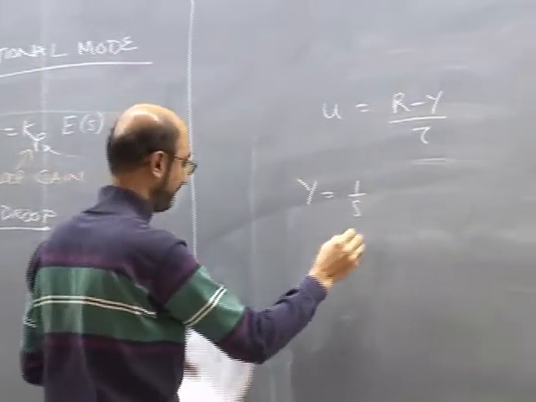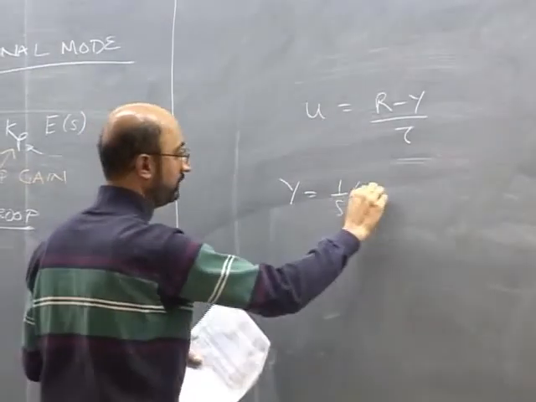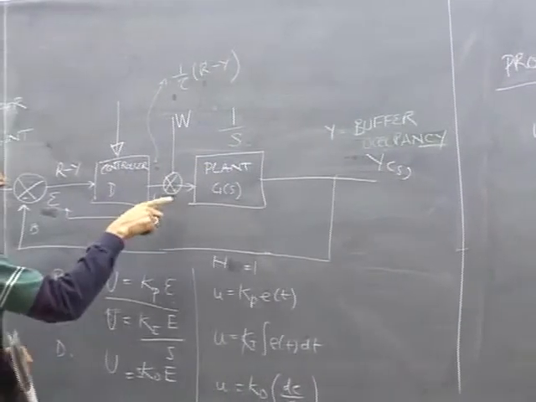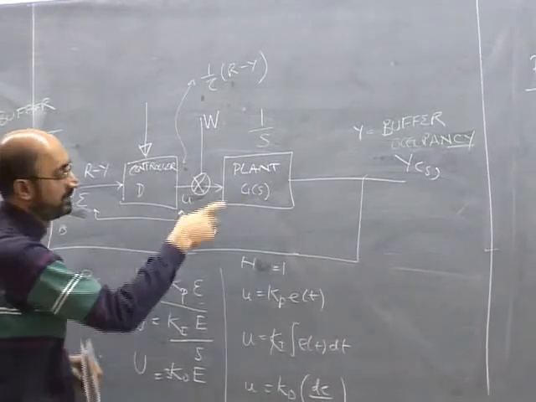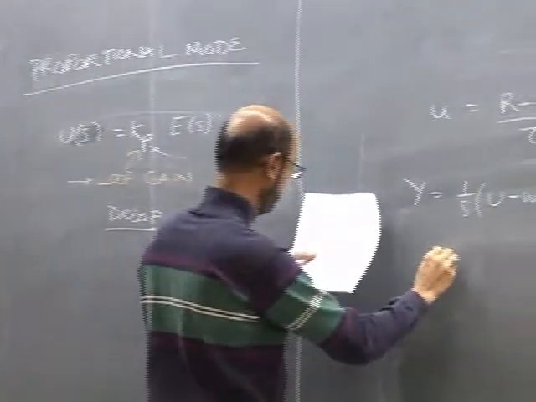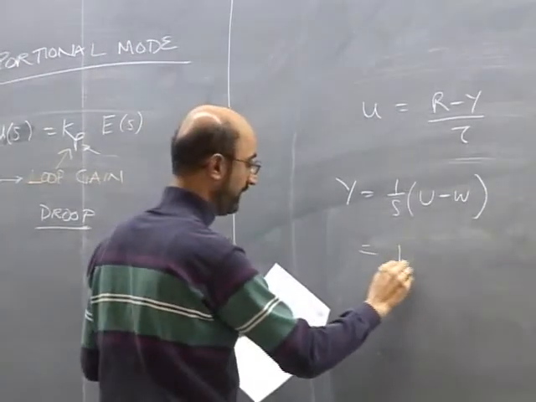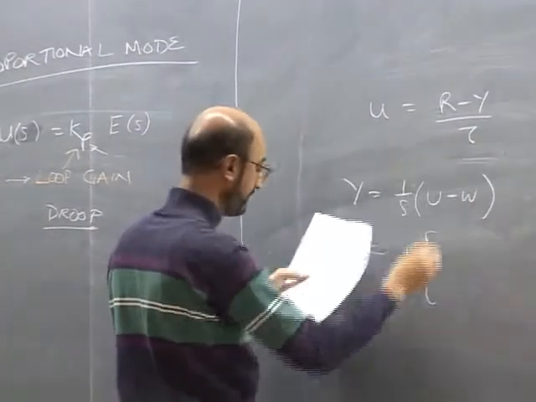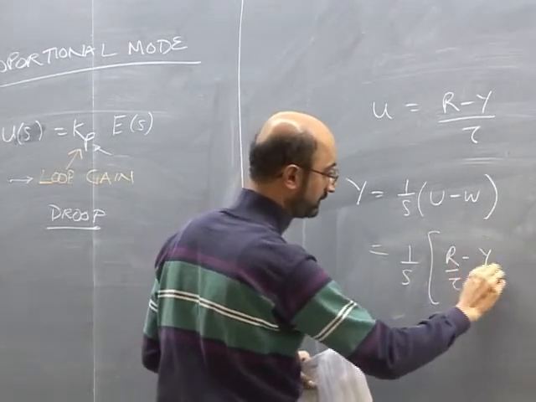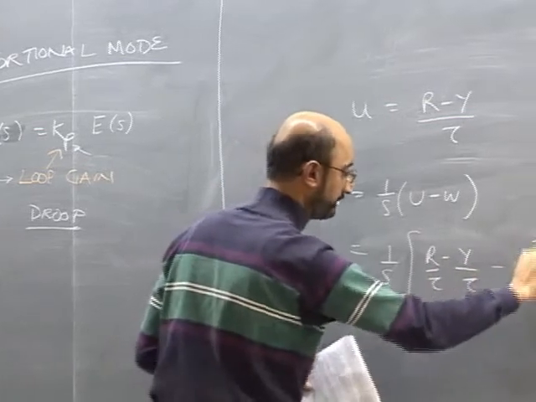1 over S, u minus w, because the plant is 1 over S, and we have modeled the disturbance as w, u minus w. So this becomes basically 1 over S, u is r minus y over tau, r by tau minus y over tau minus w.